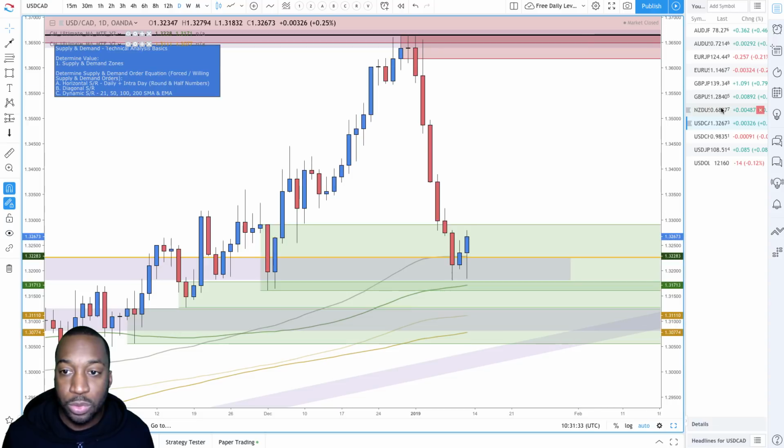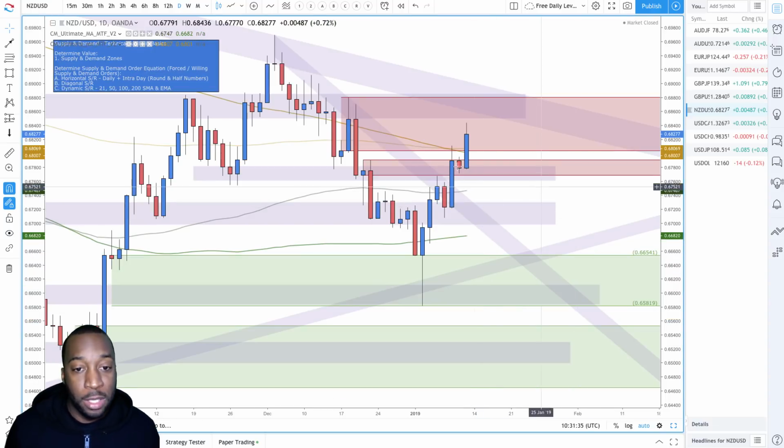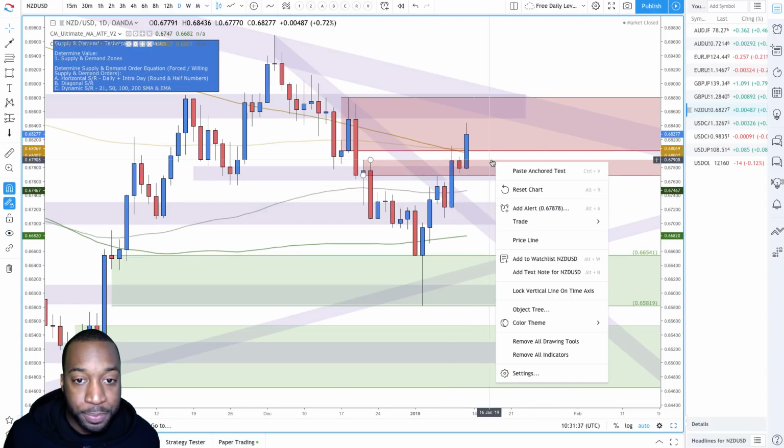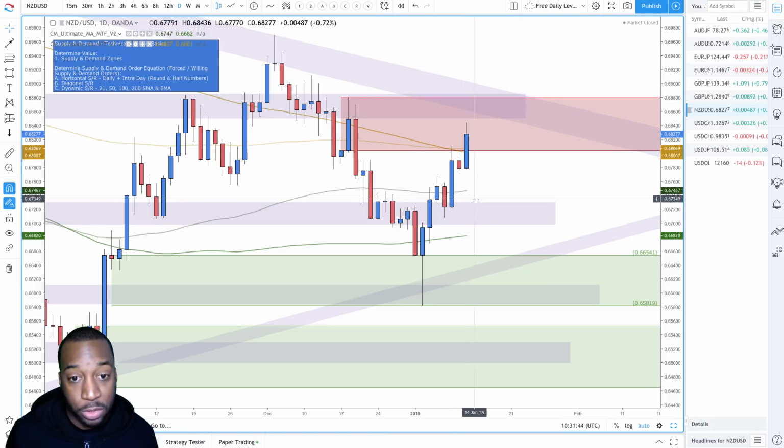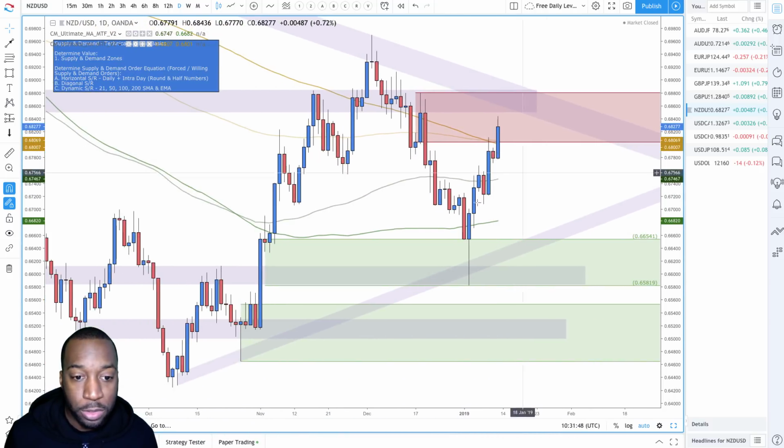So let's go to New Zealand dollar, and we can delete some of these zones as well, these areas of diagonal and horizontal support and resistance. This one's still in play.